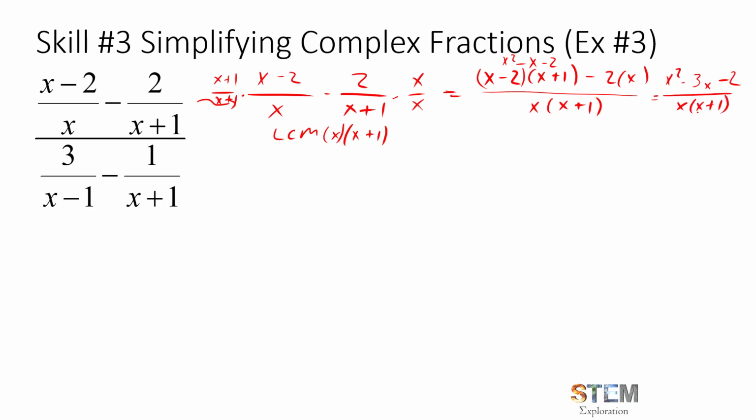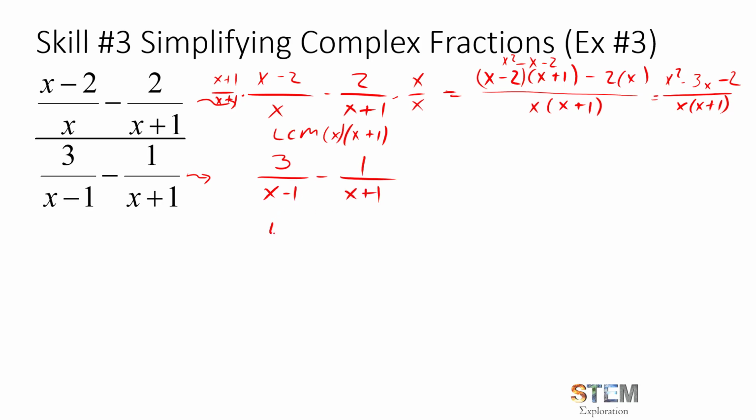And I'm going to leave the rest here for now in terms of this operation, because that should just work out fine. And now what we have here is 3 over x minus 1 minus 1 over x plus 1.